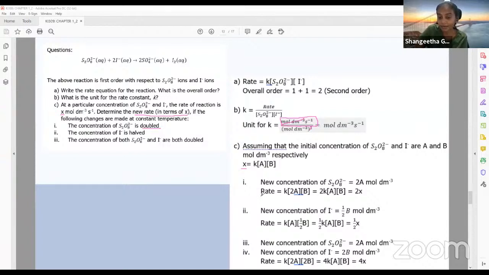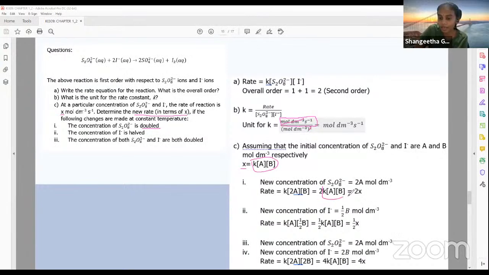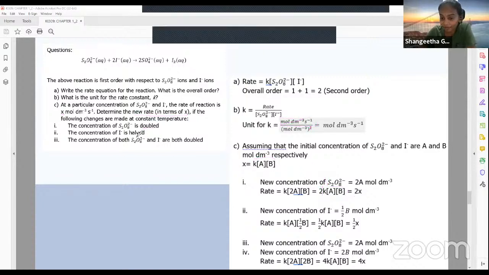Because X is K A times B, you can replace this with X, so it becomes 2X. So the second one, what if the concentration of your I- is half?